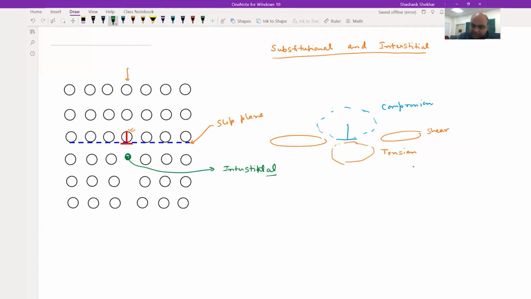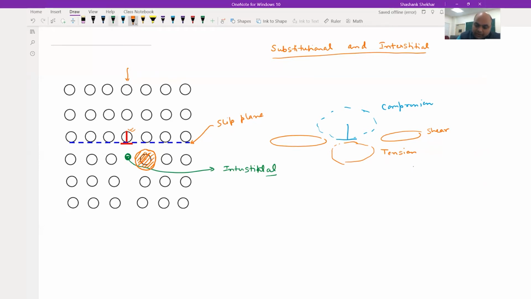Now let's talk about the substitutional atom. Suppose I choose this particular atom and replace it with a larger substitutional atom. You can also see the tension region here at the bottom of the extra half plane. The strain in this region is going to be reduced if I put a larger substitutional atom.